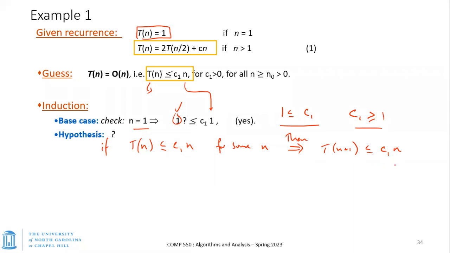T of n plus 1 is less than or equal to C1 times n, for all n greater than or equal to n naught. So yeah, seems to make sense. Any corrections, suggestions?